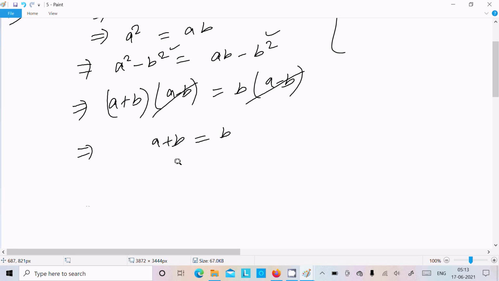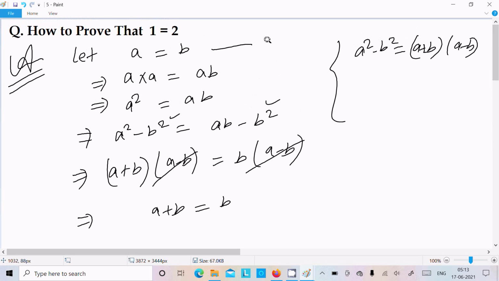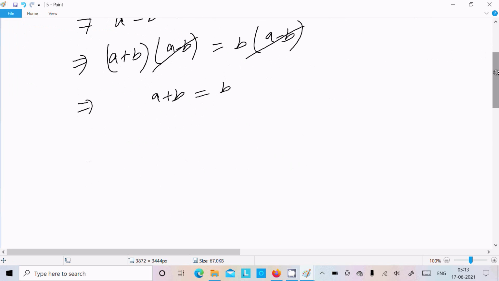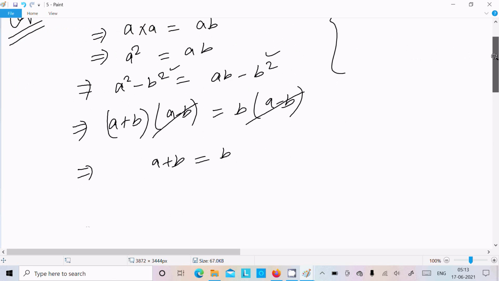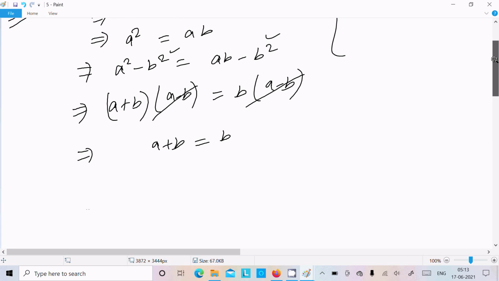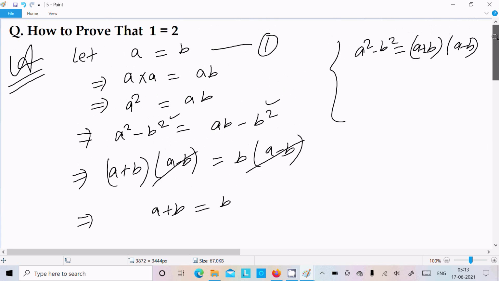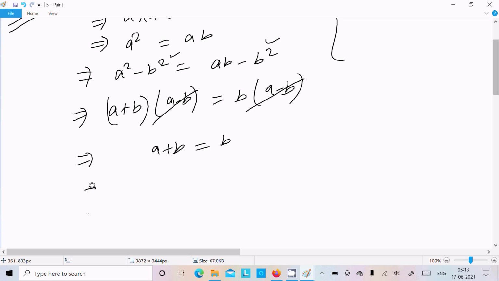Now since, at the first, let's assume this is equation 1. So A equal to B. So in B's place or A's place we can write A. So here A plus A, and here this is A from equation 1.